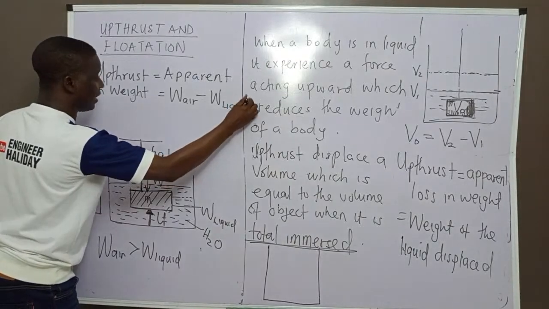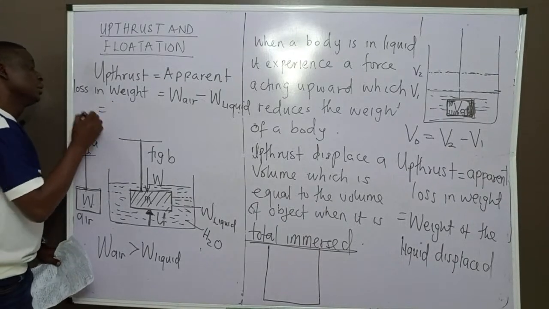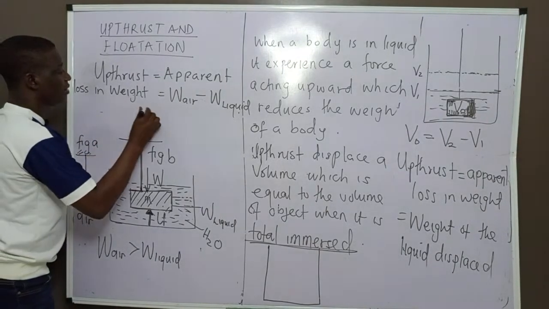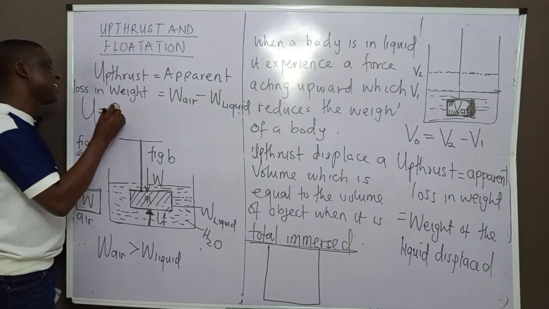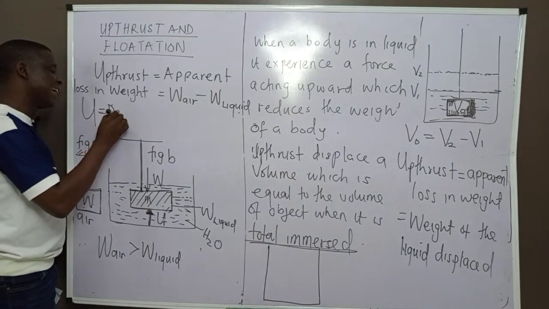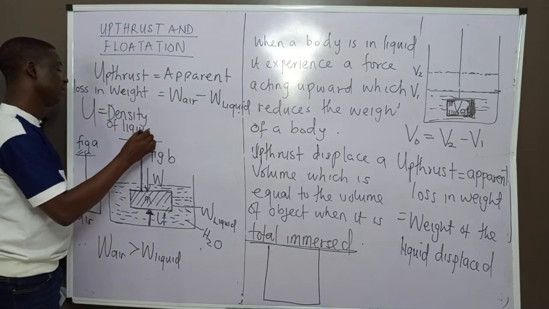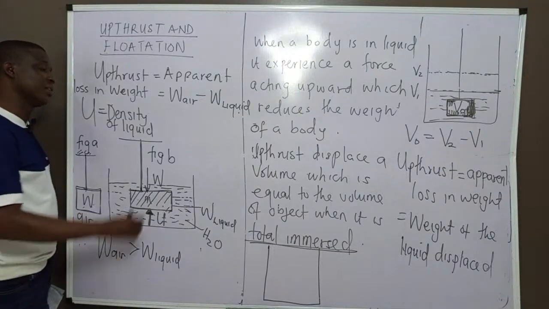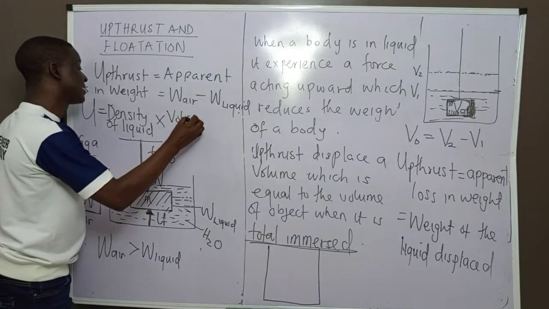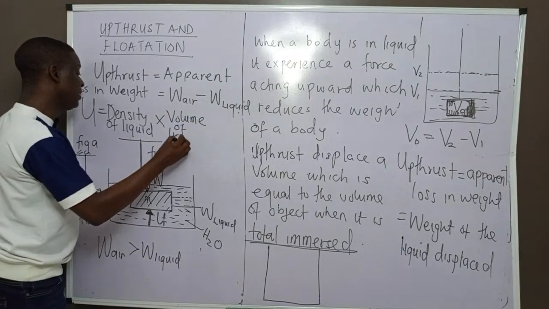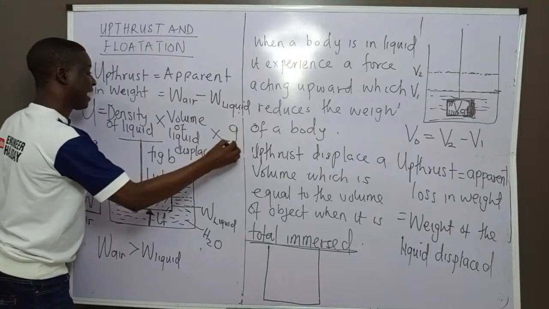Now, having known that, we now say upthrust also can be given as, let me use U, the density of liquid in which the body is immersed, times the volume of liquid displaced, times gravity.